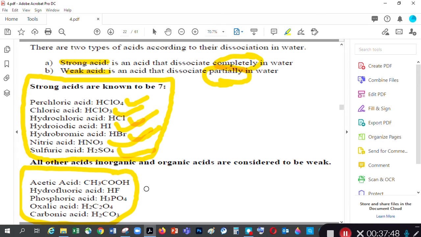So it does not dissociate in H2O to completion, 100%, but less than 100%. Those are weak acids like acetic acid, hydrofluoric acid, phosphoric acid, oxalic acid, carbonic acid, and so on. All those are weak acids.